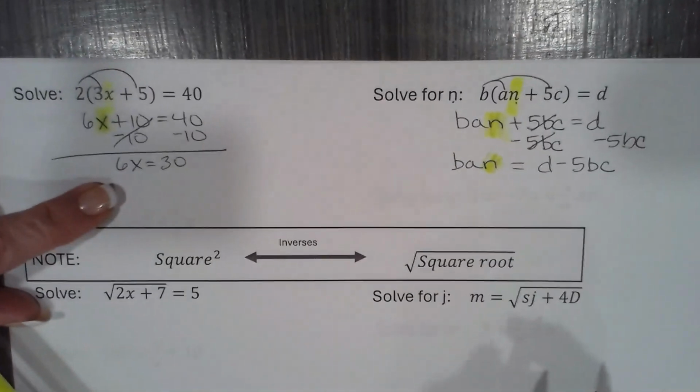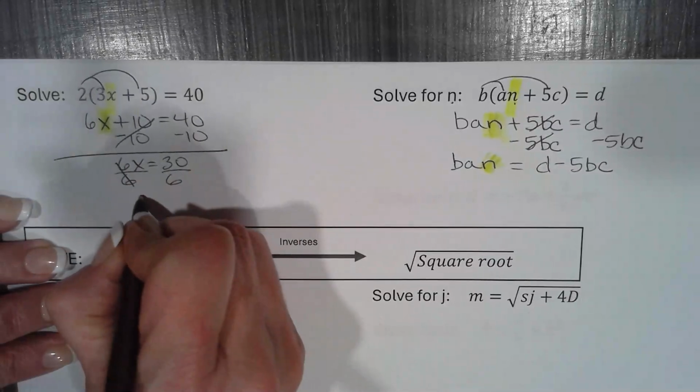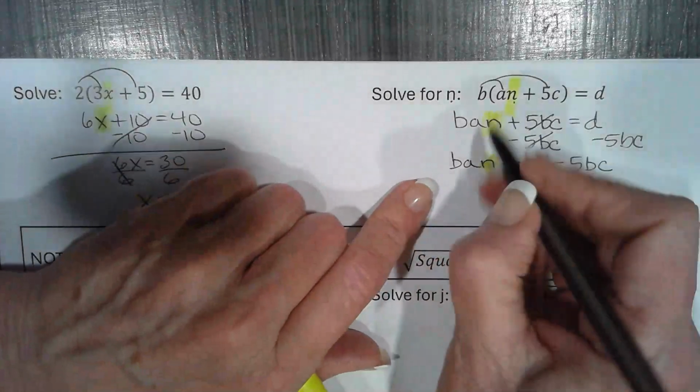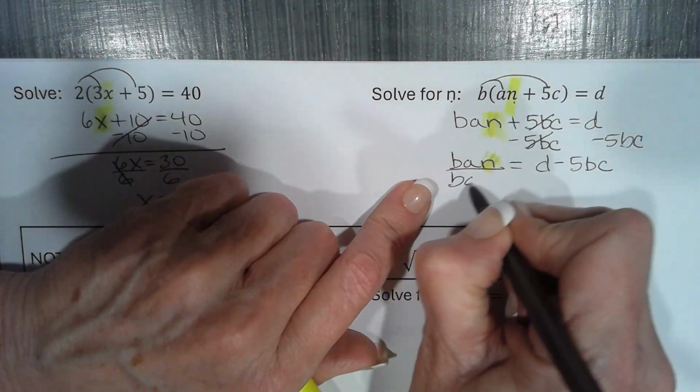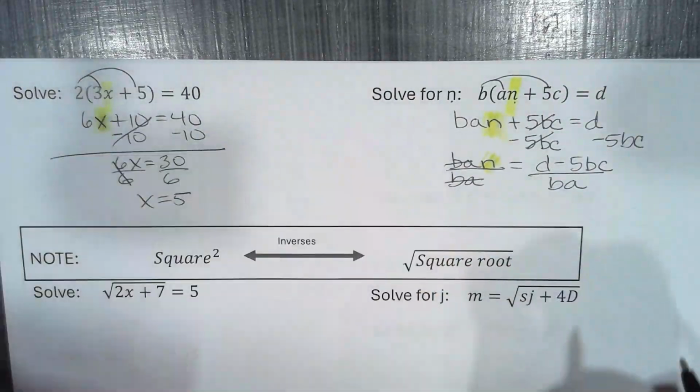Okay, solving for n. The 6 is multiplied over here, so you would tell me to divide both sides by 6. So here, these are multiplied by n, so I would divide by ba to get n by itself.